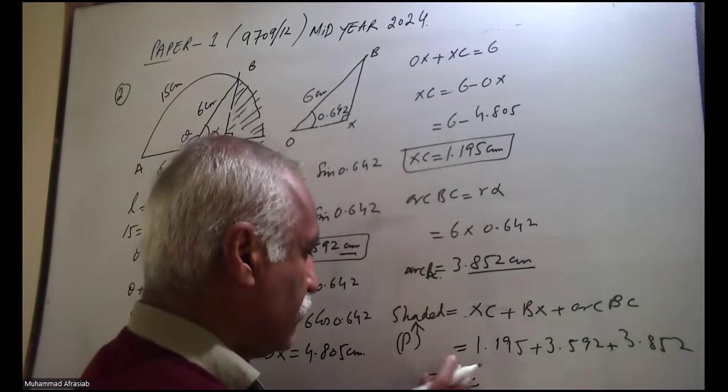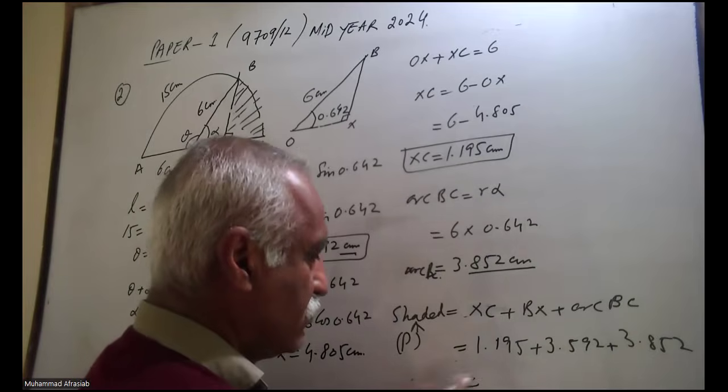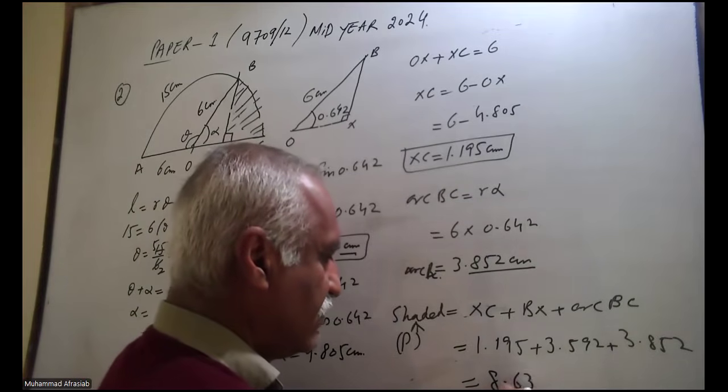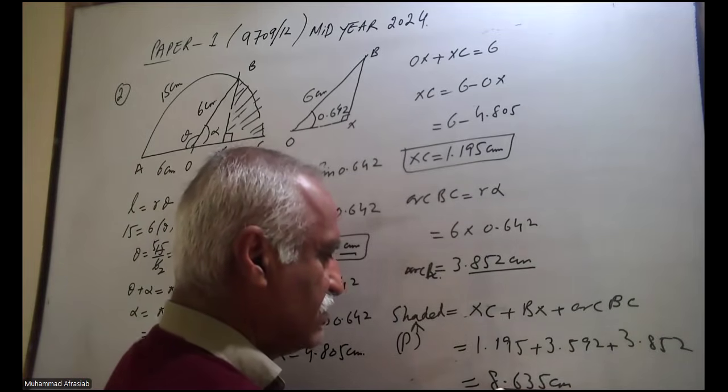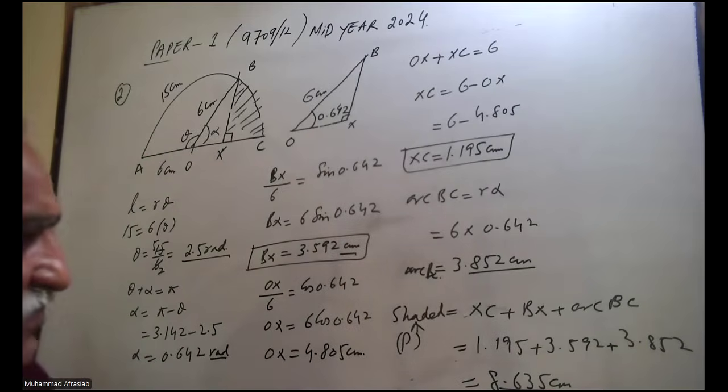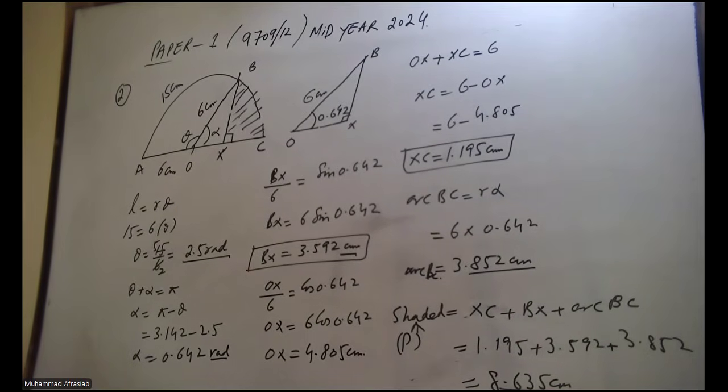So the total perimeter is equal to 8.635 centimeters for this shaded region of this semicircle part.